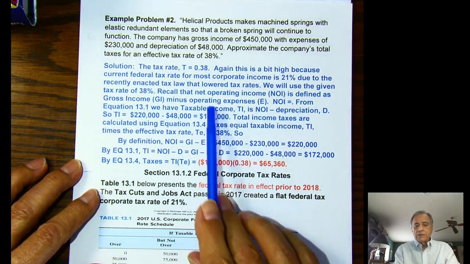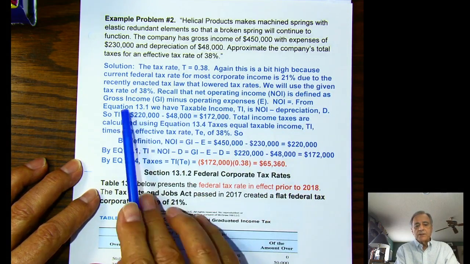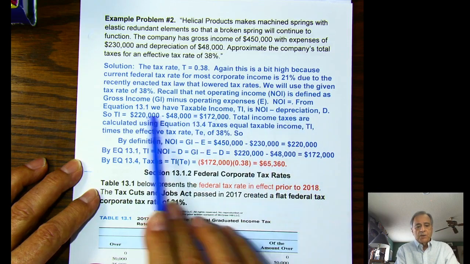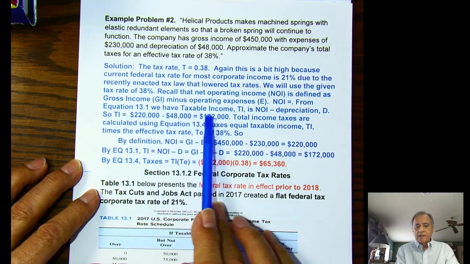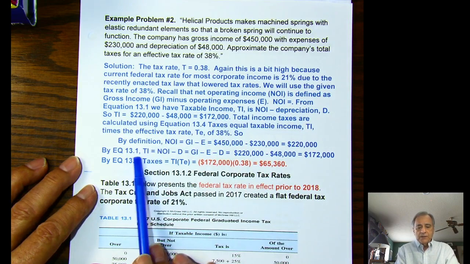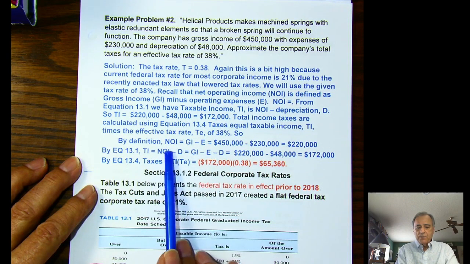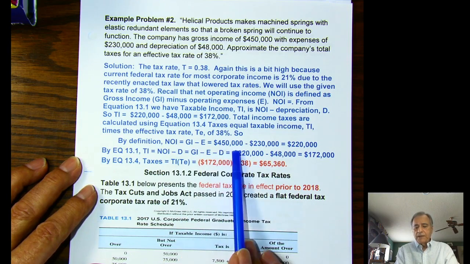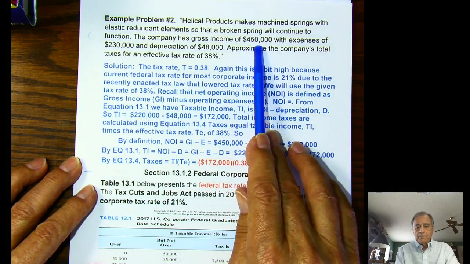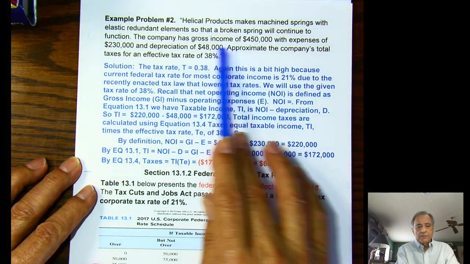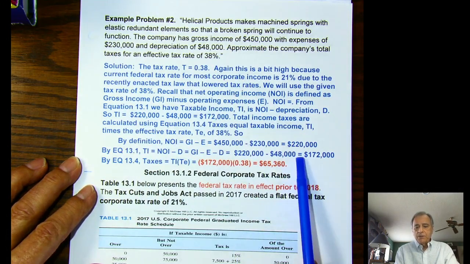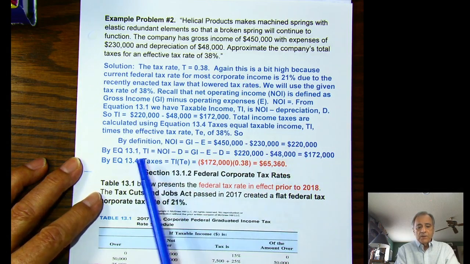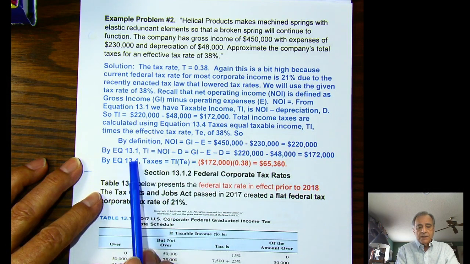Okay, recall that net operating income is defined as the gross income minus the operating expenses. So from equation 13.1, we have taxable income. Net operating income is gross income minus expenses, which is $450,000 minus $230,000, which gives me $220,000 remaining. Then we subtract the depreciation to get taxable income.